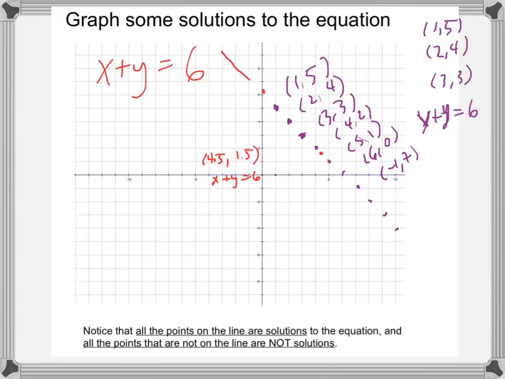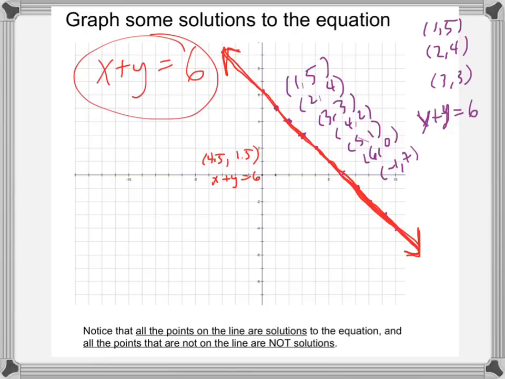If I draw a line between all the points that I have here, this red line that I've drawn is a picture, or a graph, that describes this relation, the x plus y equals 6 relation, where if I take the first coordinate and add it to the second coordinate, the sum is 6, right?